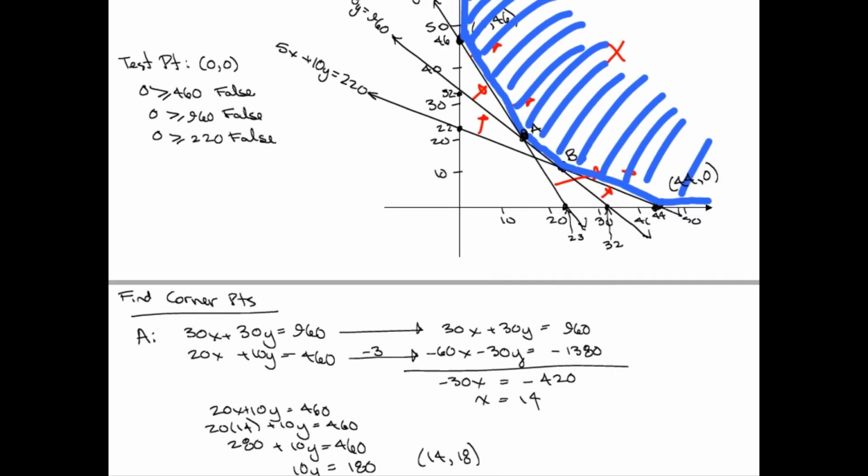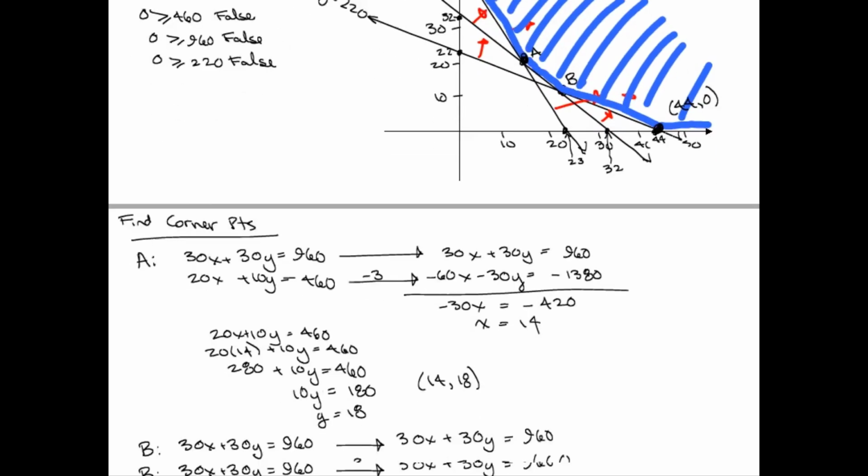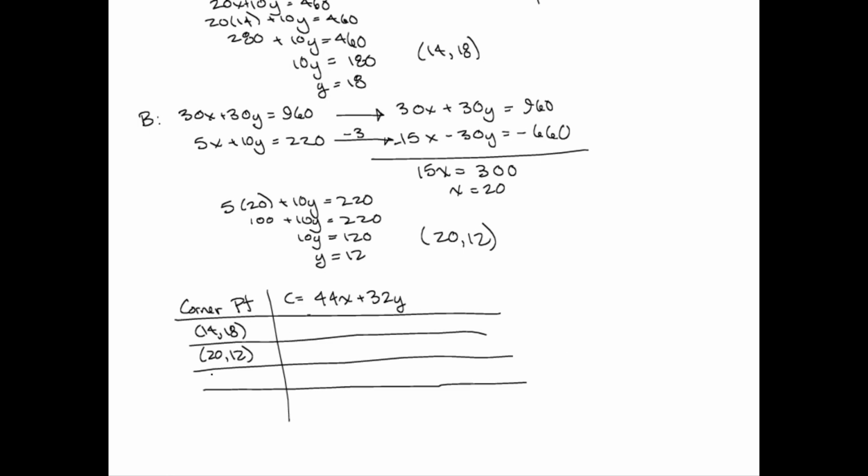What else do we have? We have 0, 46, and we have 44, 0. So we also have these two corner points. Don't forget those. 0, 46, and 44, 0.